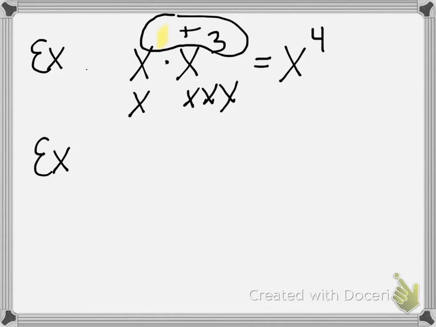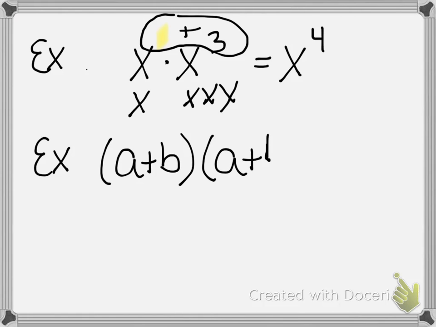And the final example in that section was a plus b times a plus b to the 4th. So remember, there's really a little 1 right here. So don't let it look confusing to you because you've got this a plus b.